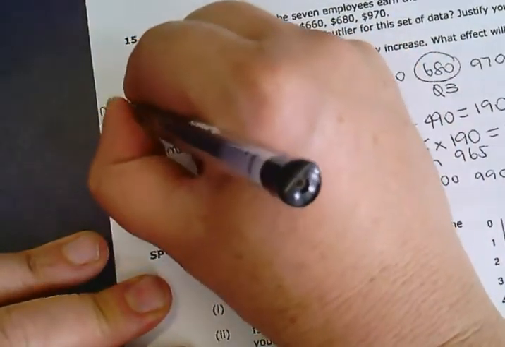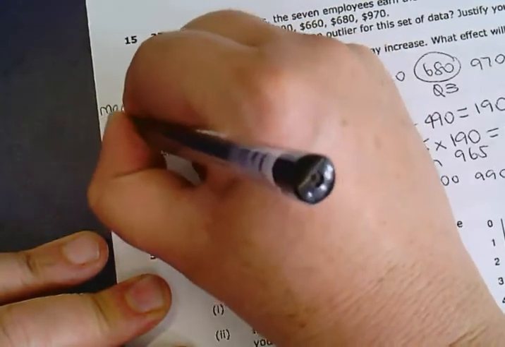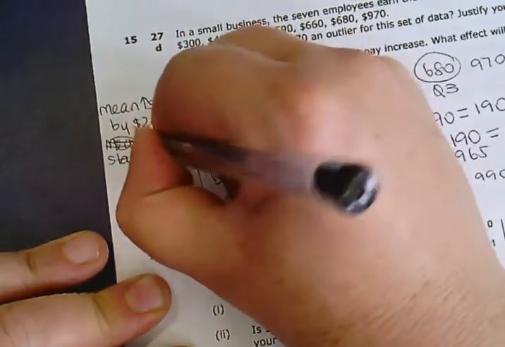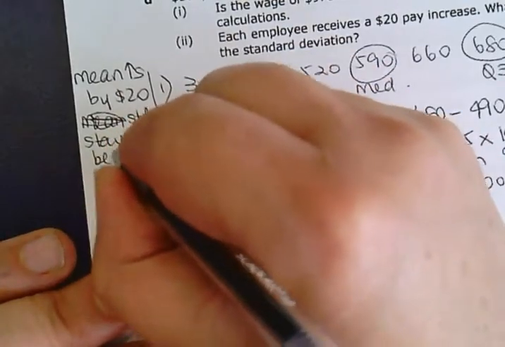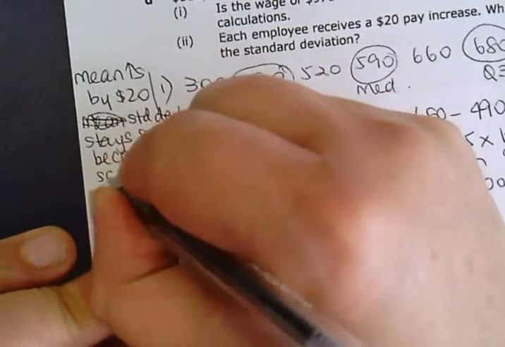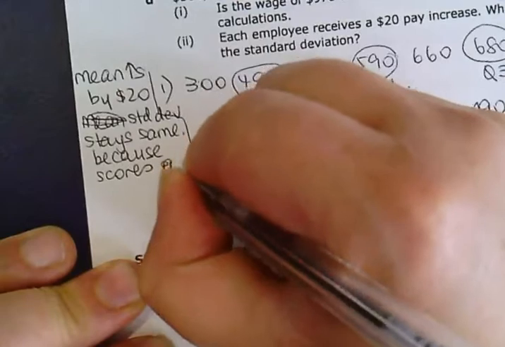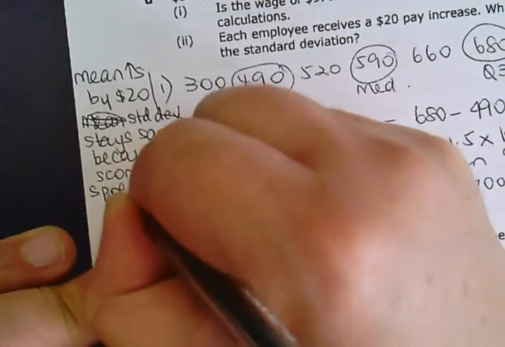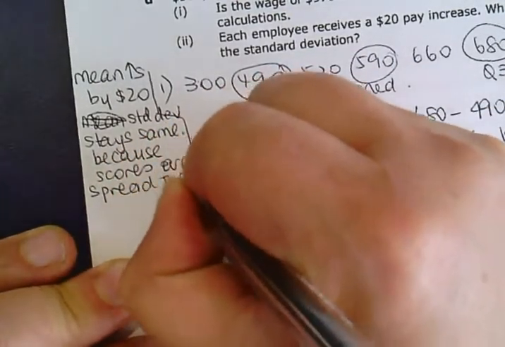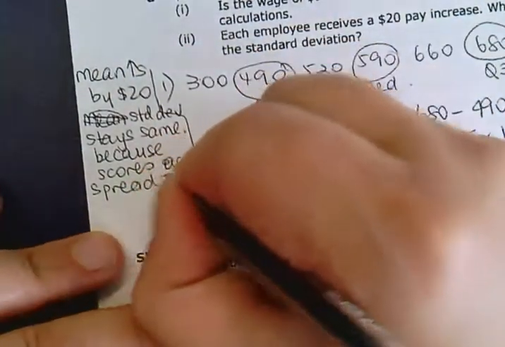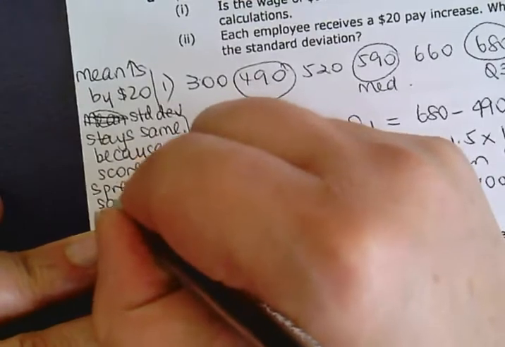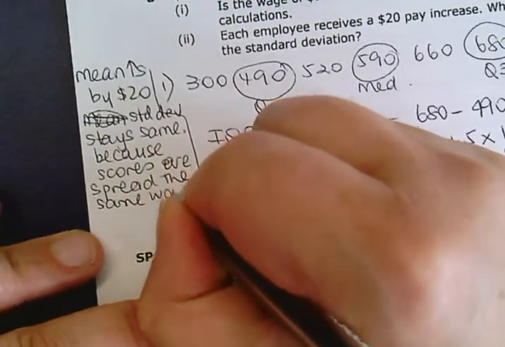The mean increases by $20 and the standard deviation stays the same because the scores are spread the same way from the mean.